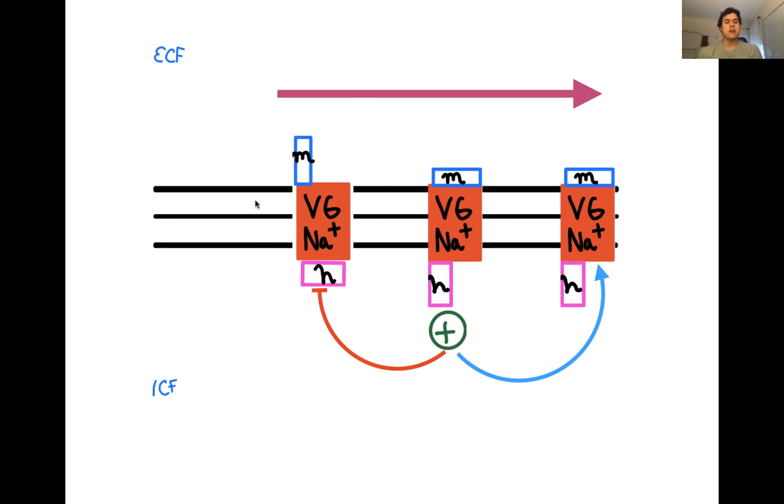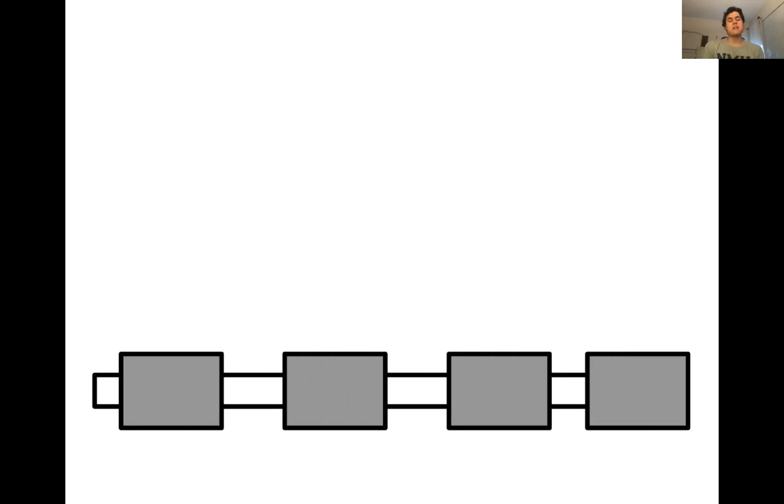So this mechanism keeps action potentials moving down the axon in one direction towards the synaptic terminal, which will then be used to release neurotransmitters and cause synaptic transmission, which we will talk about in a future video.